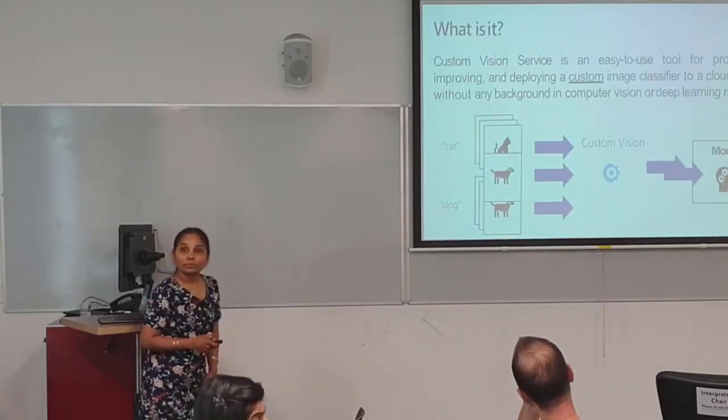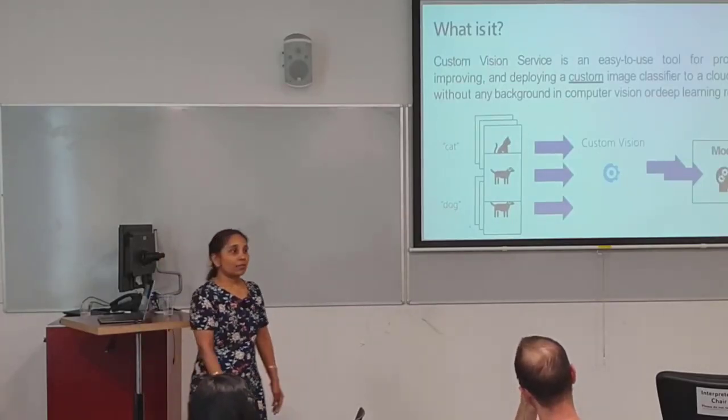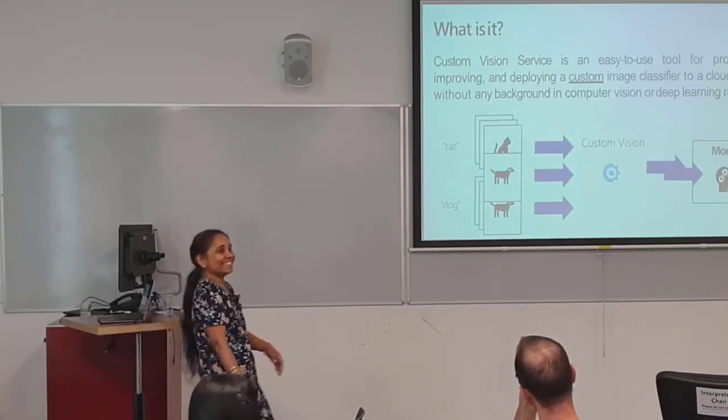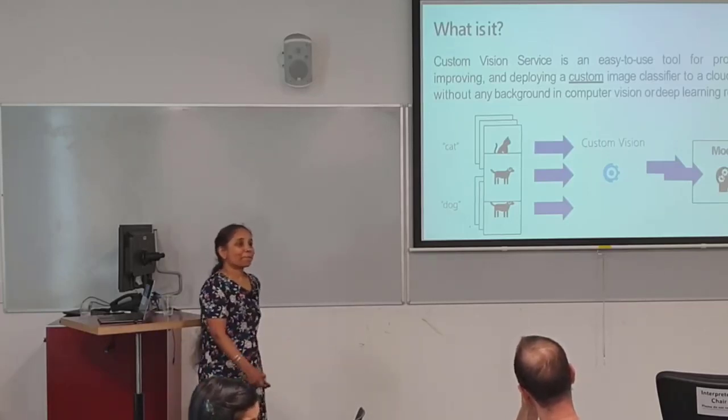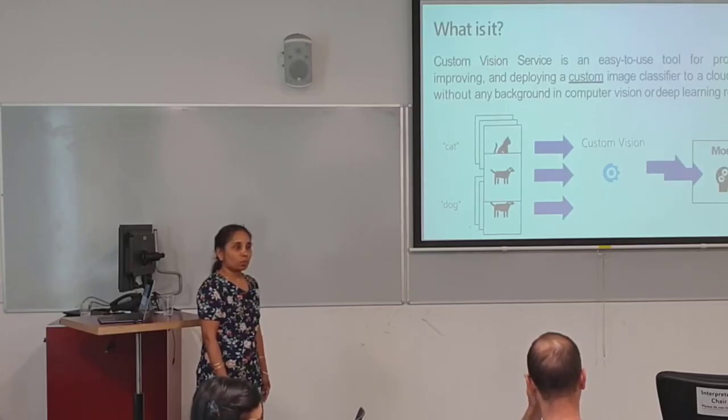Sorry, can I ask one question? What's the difference between the REST API and API? API is a generic name for an application programming interface. A REST API is an API that uses a specific format, the REST format.